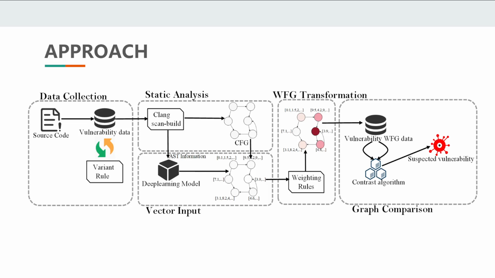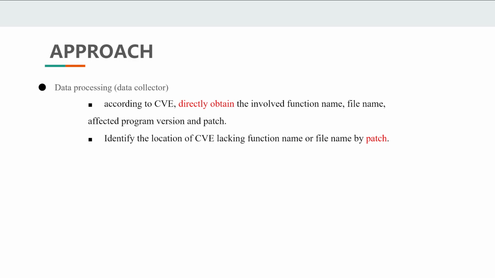In the data collection stage, our model consists of two modules, a data collector and a variant code generator. According to CVE site information, the data collector will directly obtain the involved function name, file name, affected program version, and patch, and identify the function location with the help of the patch.